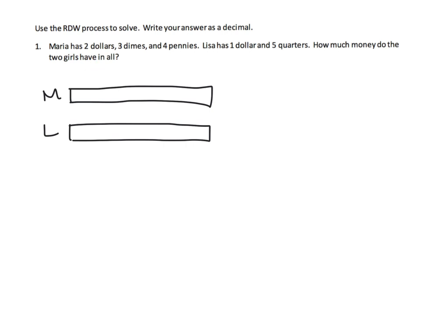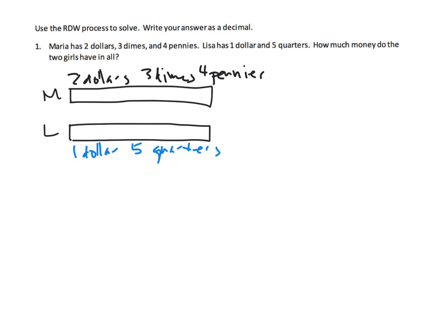And it says Maria has, and then I'm going to put $2, 3 dimes, and 4 pennies. And then it says Lisa has $1 and 5 quarters, and we want to figure out how much money they have in all, so that's going to be this right there.